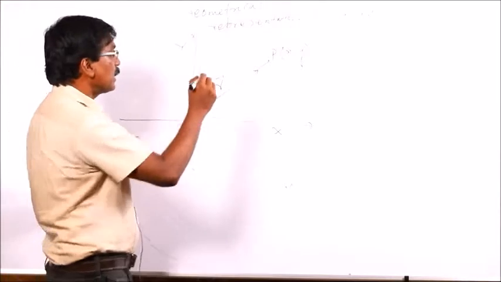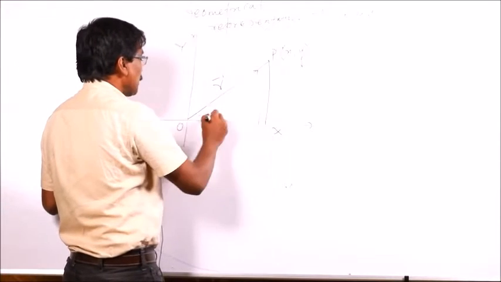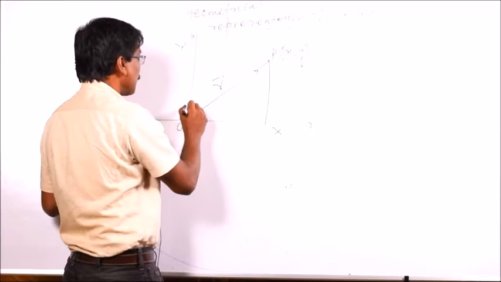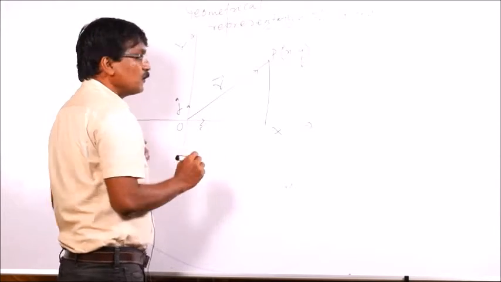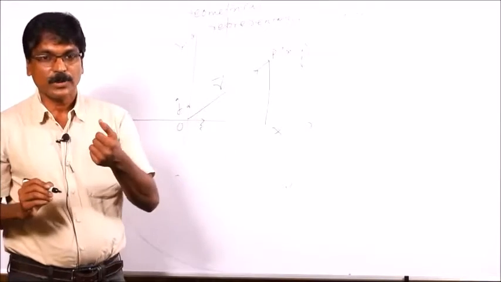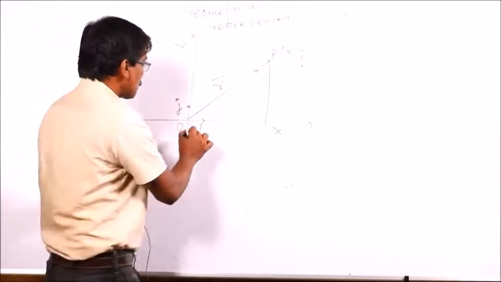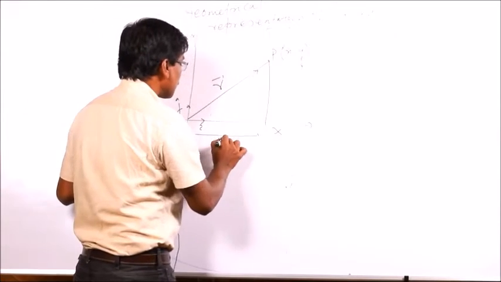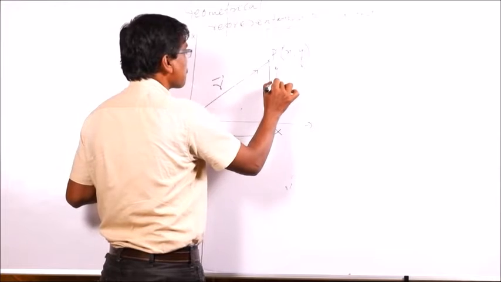Then i cap and j cap are unit vectors along the x and y axis. Suppose this part is x and this quantity is y.